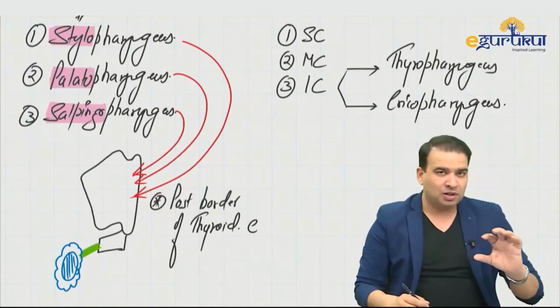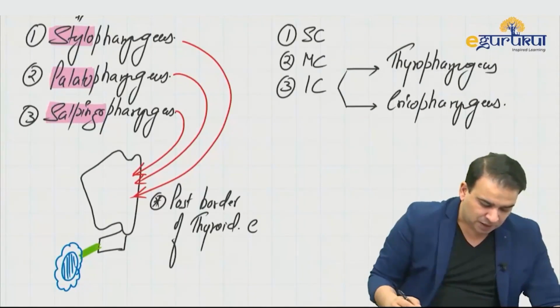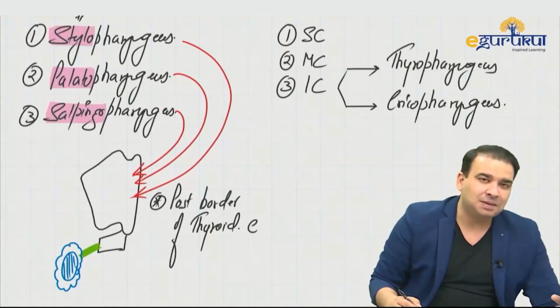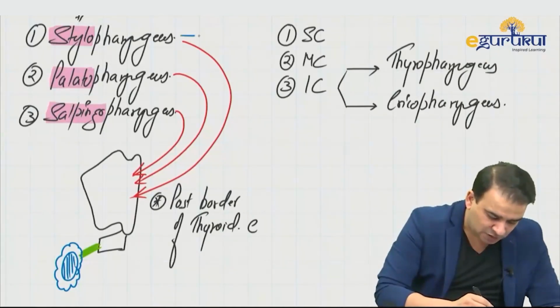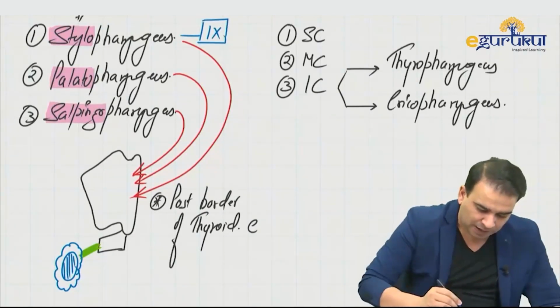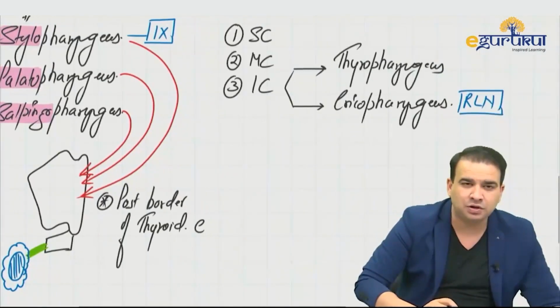Now, before we talk about the thyropharyngeus and the cricopharyngeus, I hope you remember from the nerve supply, we said all the pharyngeal muscles are supplied by VAC except two. One is stylopharyngeus, which is supplied by the glossopharyngeal nerve, that is different. And the other is cricopharyngeus, which is supplied by the recurrent laryngeal nerve.